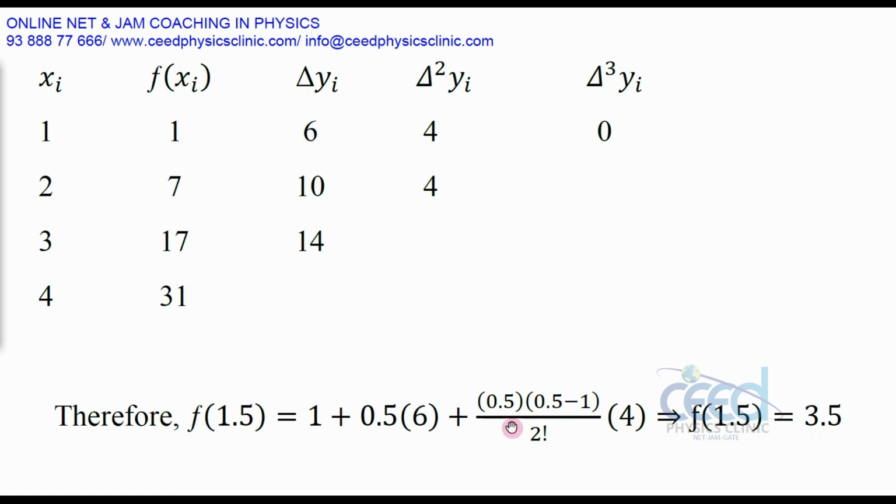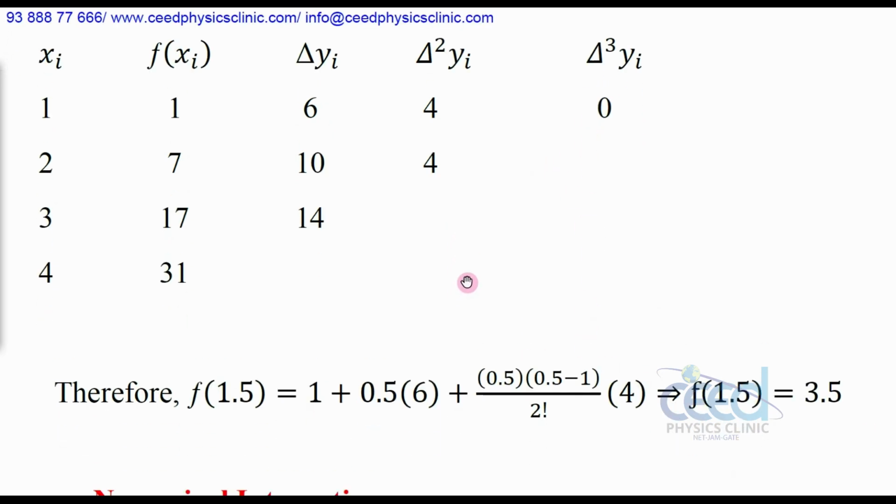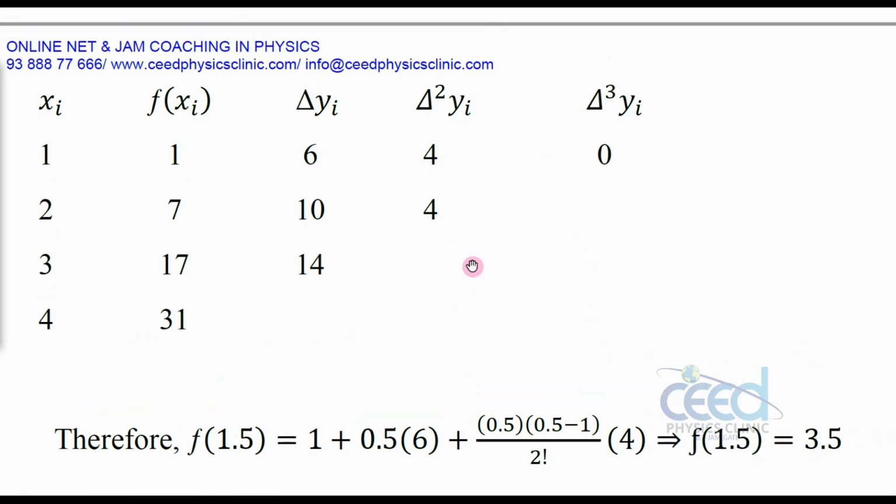Now p into p minus 1, that is 0.5 into 0.5 minus 1 by 2 factorial, into delta square y, which is 4. The next value is 0, so we need not write it. So that is equal to 3.5.